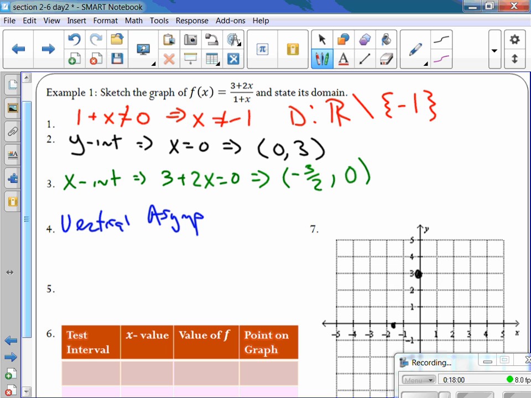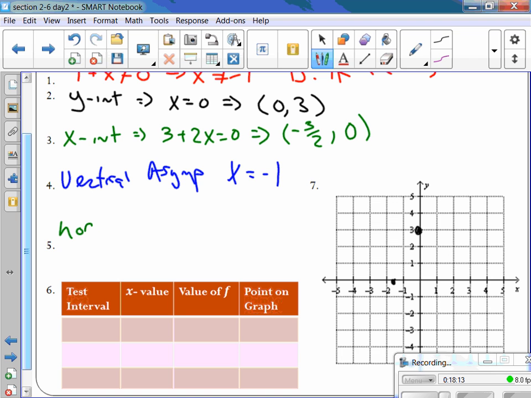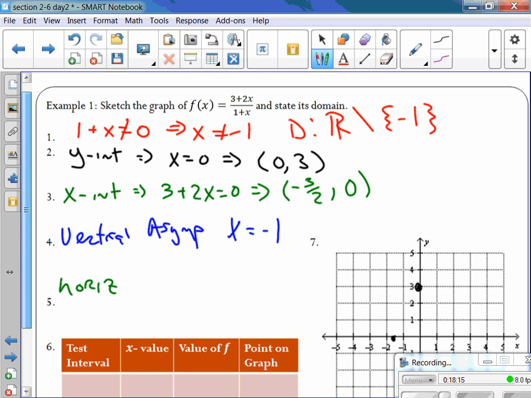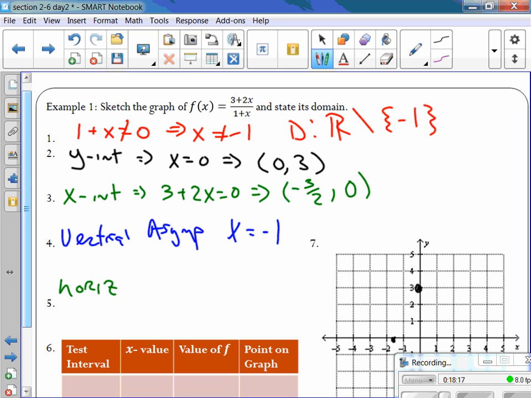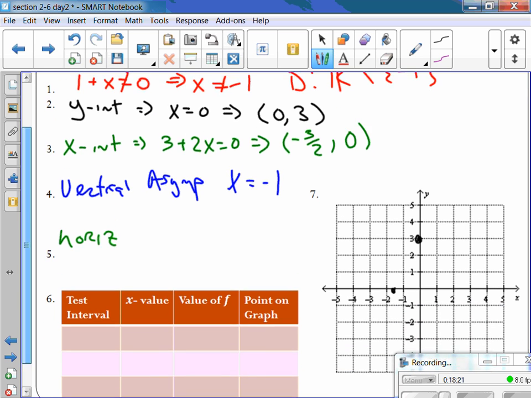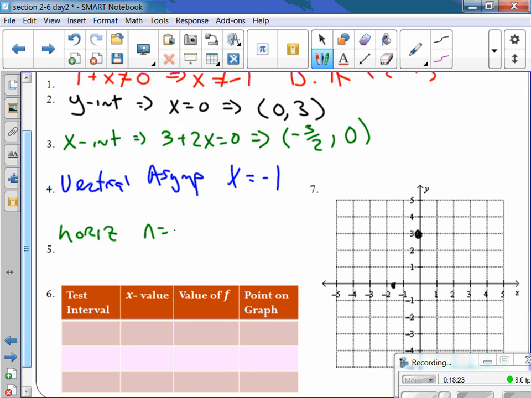And then as far as finding our horizontal, if we have any, what are we comparing? The degrees. And so what are the degrees we have here? The relationship between n and m? And this is what somebody asked earlier. So here we have a first degree and a first degree.